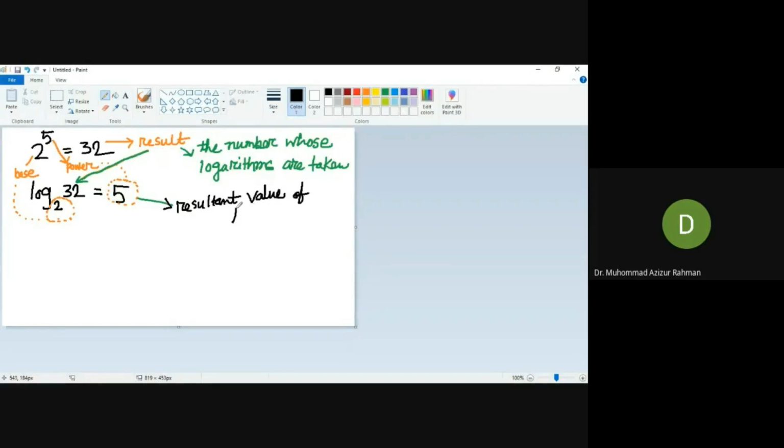Then we can express it this way. If this is the case, then this is our exponent form, and this is our logarithm or inverse form.